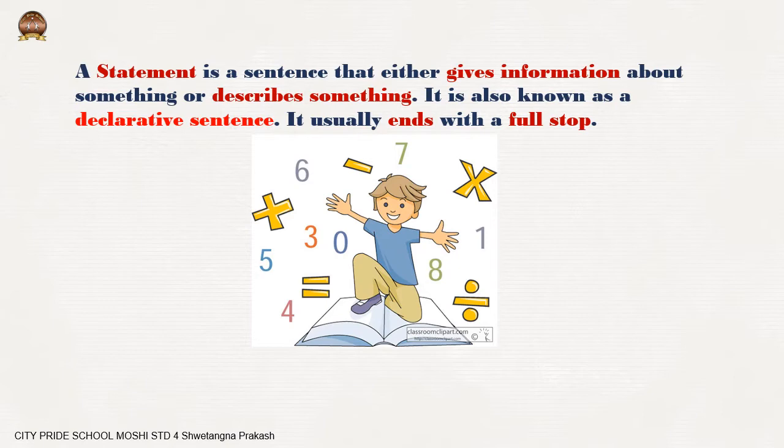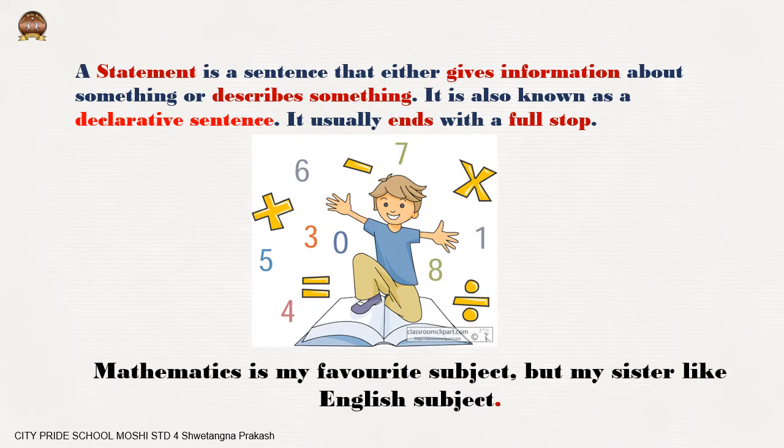We never say always in the English language, because we mostly find an exception to every rule. So it starts with a capital letter and ends with a full stop. Here is an example: Mathematics is my favorite subject, but my sister likes English.